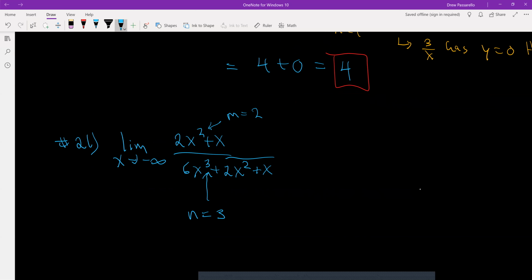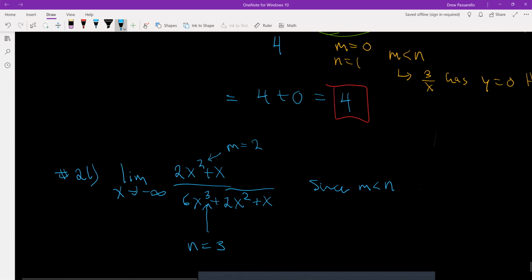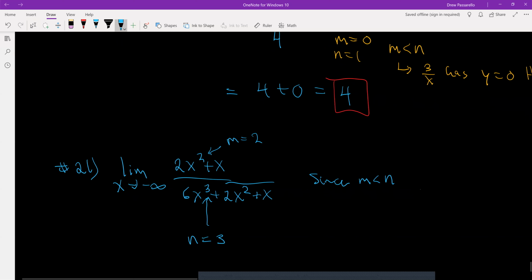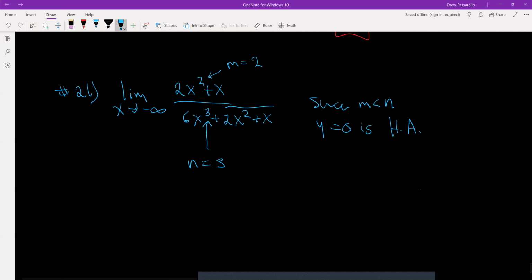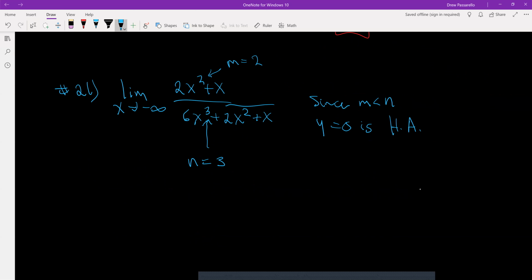So m is less than n. Degree up top is less than degree on the bottom. That means we have, again, y equals 0 as the horizontal asymptote. All right, so that's the limit. The infinite limit is going to be 0.